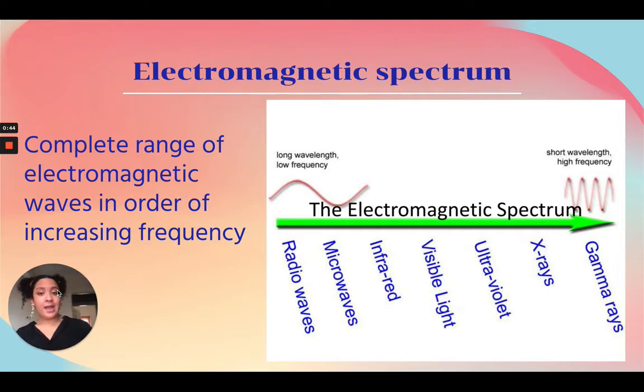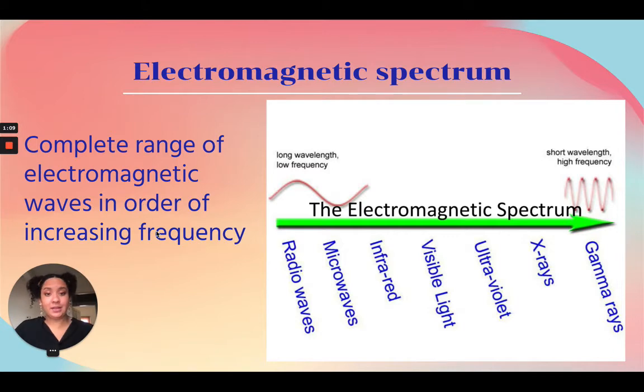So how many wavelengths are happening in a given time period? That's how it's measured. The lowest one is radio waves, then microwaves, infrared waves, visible light, ultraviolet rays, X-rays, and finally gamma rays are the highest frequency, so they have the shortest wavelength.